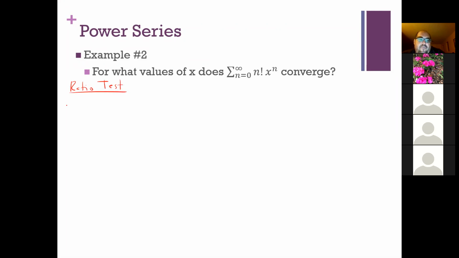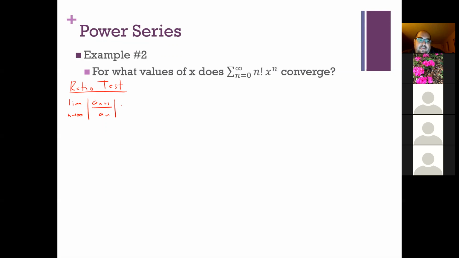So remember the ratio test, what is the variable when I set up the ratio test? The variable I'm using in the ratio test is n. It is not x, it is only n. So because of that, I get to treat x as a constant.